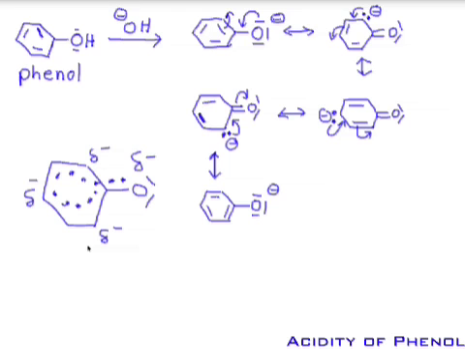What is the name of this anion? Well, if I use sodium hydroxide, I'd have the sodium salt. If I use potassium hydroxide, I'd have the potassium salt. The deprotonated ion is called phenoxide.